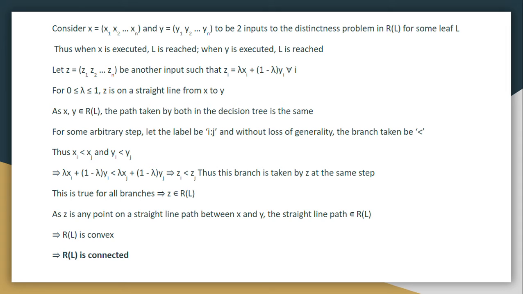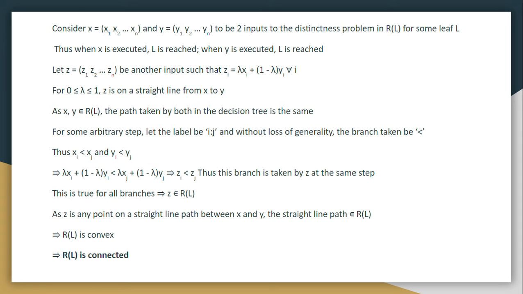As this is a comparison model decision tree, there are only 3 branches, less than, equal to, greater than. So let's say that less than branch is taken at that step, and therefore xi will be less than xj and yi will be less than yj, right?